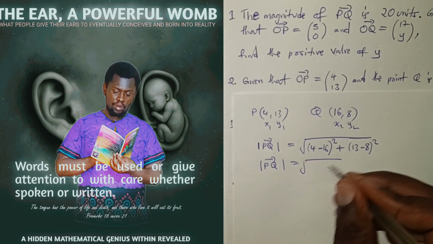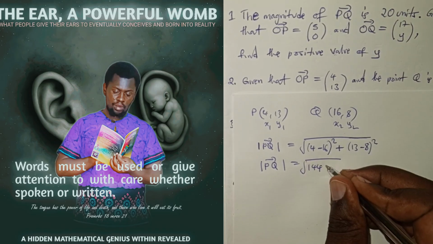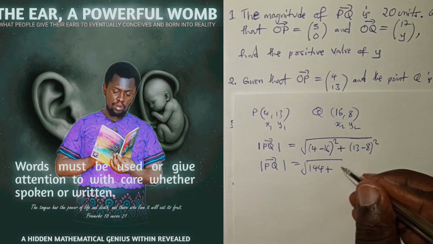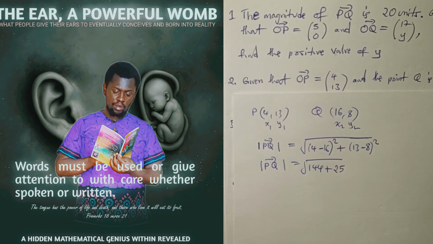So we have the square root of 144 plus 13 minus 8, you get 5, and 5 squared, you get 25. So we have 144 plus 25. So what is 144 plus 25? Yes, we get 169.